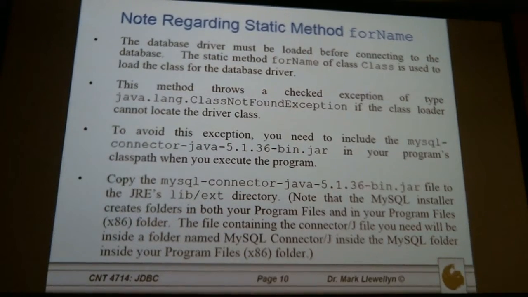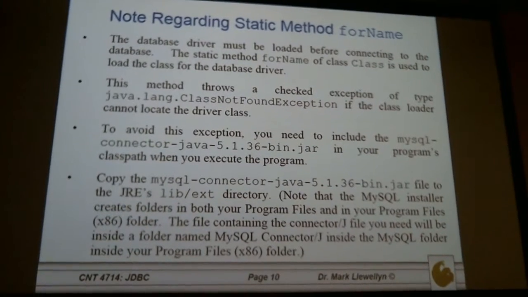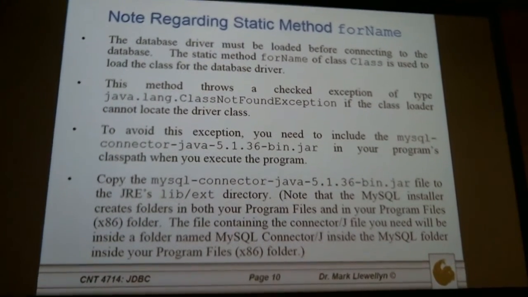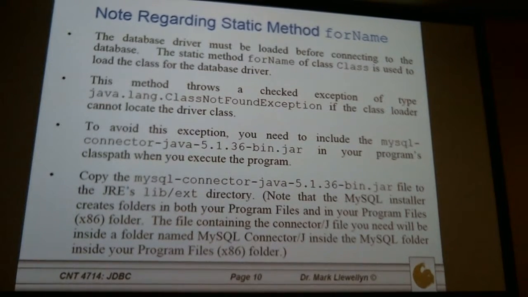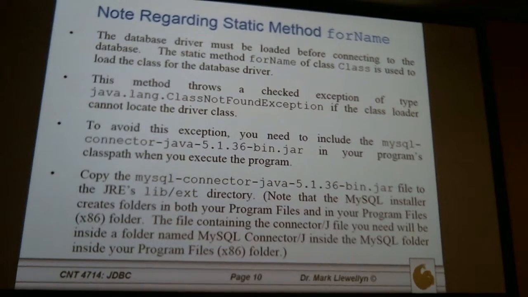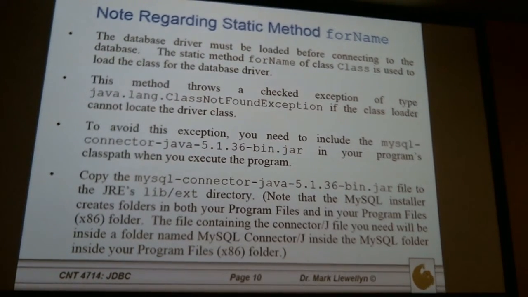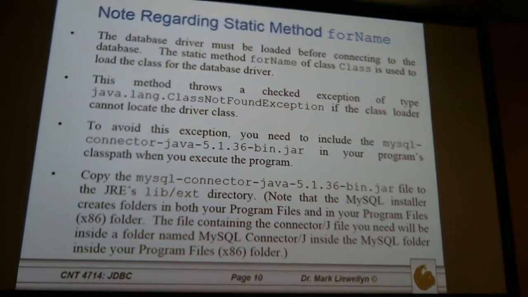You need to copy that file out of that location in the MySQL folder and put it into your Java environment. Where it goes in your Java environment depends a lot on the way you have your Java installed. Most of you, from what I've seen, are probably using Eclipse.